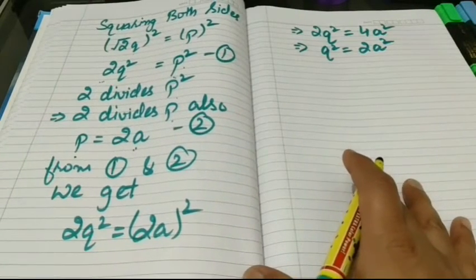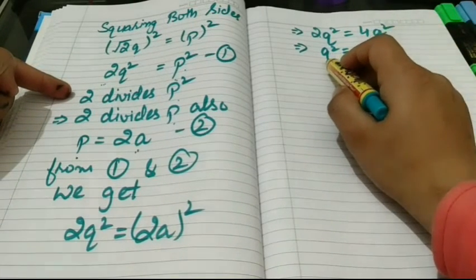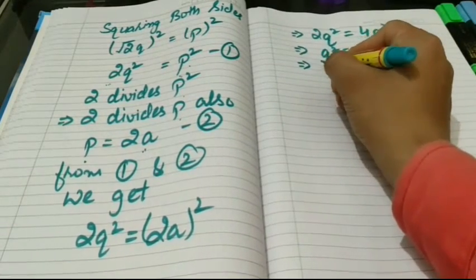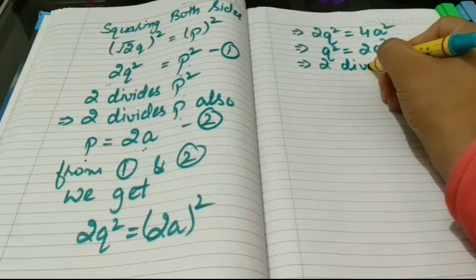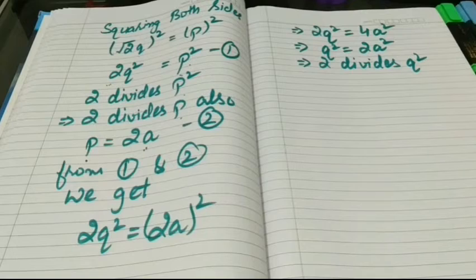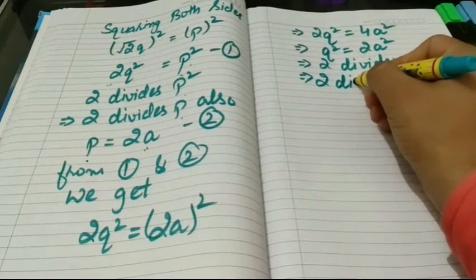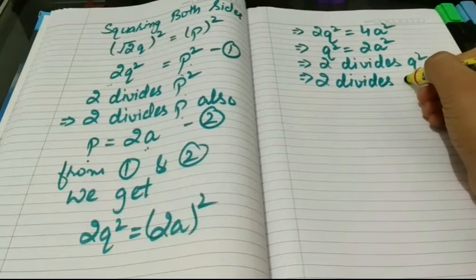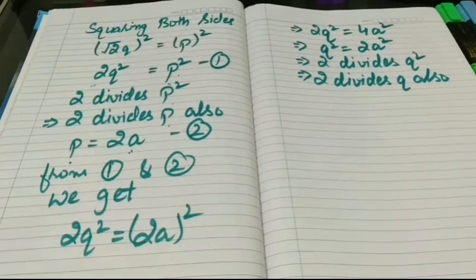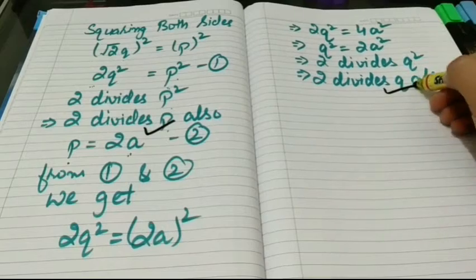Again, we will follow the same steps that we did here. If q square is written as 2 into something, it means 2 divides q square. If 2 divides q square, this means 2 divides q also. Now we have proved that 2 divides p and 2 divides q.